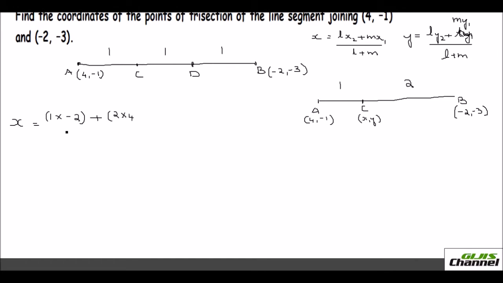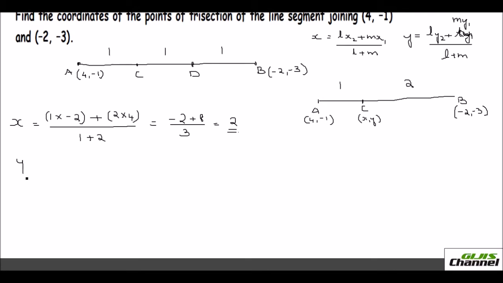Just take the x values divided by the ratios, that is l plus m, 1 plus 2. So this is going to be (-2 plus 8) over 3. That's 6 over 3, which gives you 2. So you got your x as 2.